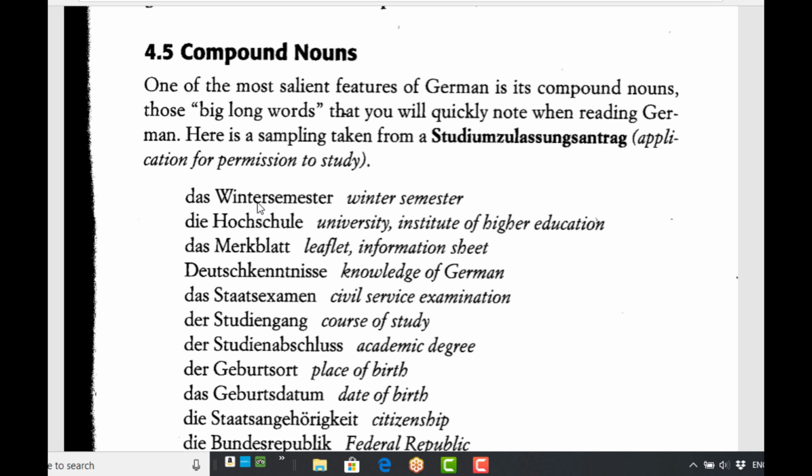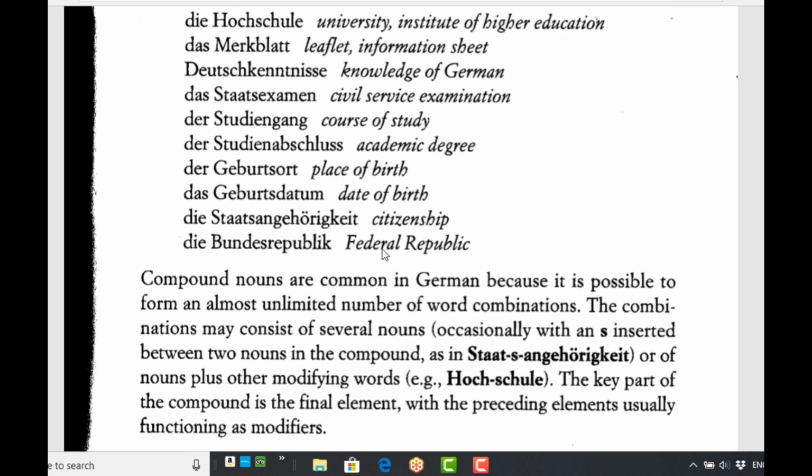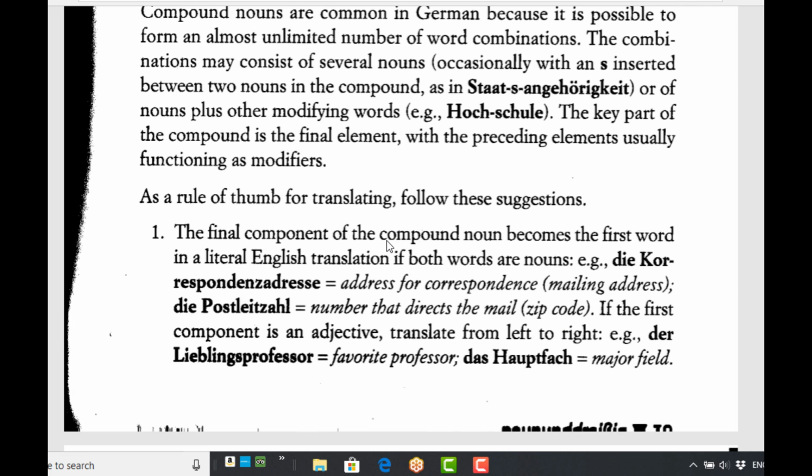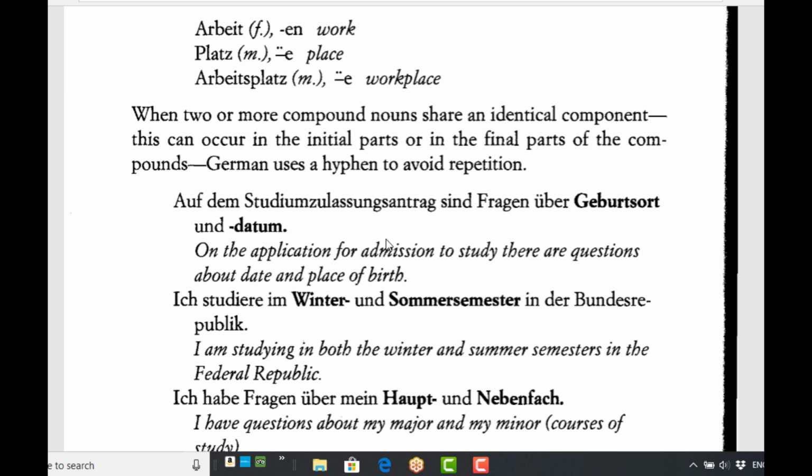So it's actually der Winter, which is the winter, masculine, and das Semester, so that's why it's das Semester. Here's another one, das Geburtsdatum. It's die Geburt, the birth, simply, and das Datum, the date. So altogether, it makes it a neuter noun. Okay. All right. So that's pretty straightforward.